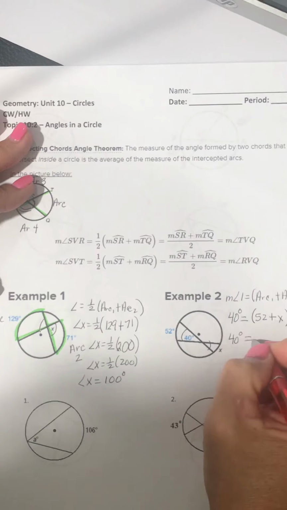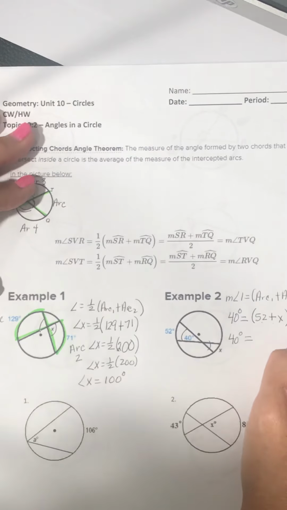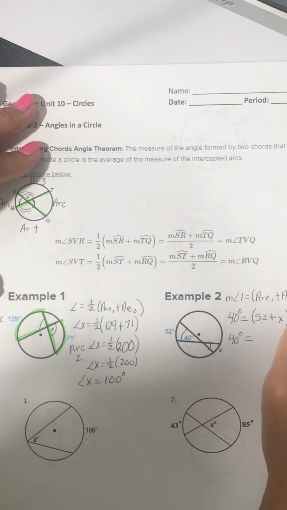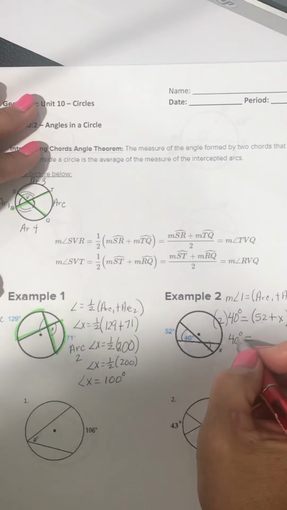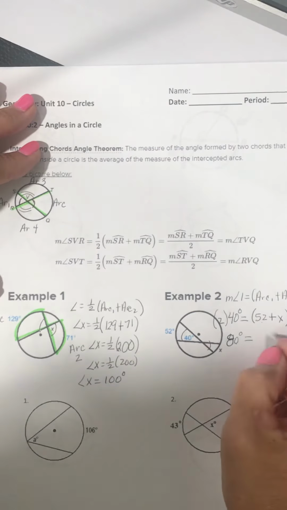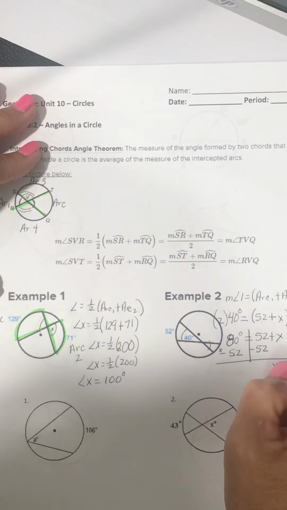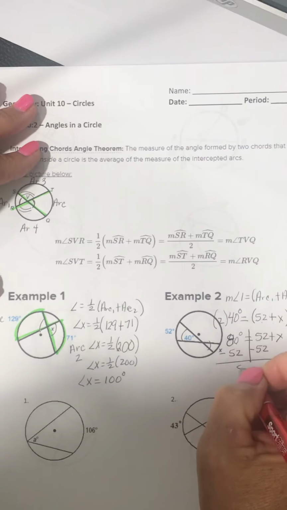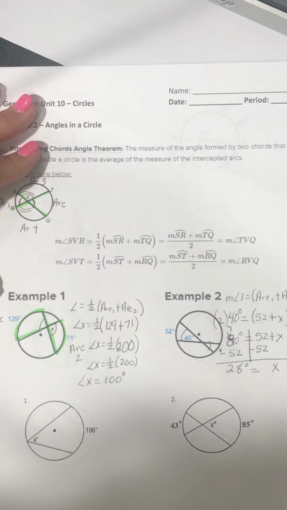The easiest way to get rid of the half is to multiply both sides by 2. Whatever I do to one side, I do to the other, and we end up with 80 degrees equals 52 plus x. Subtract 52, subtract 52, and we get x is simply 28 degrees.